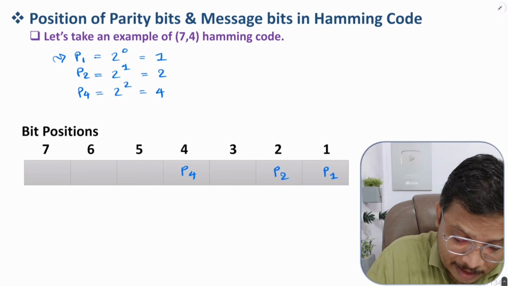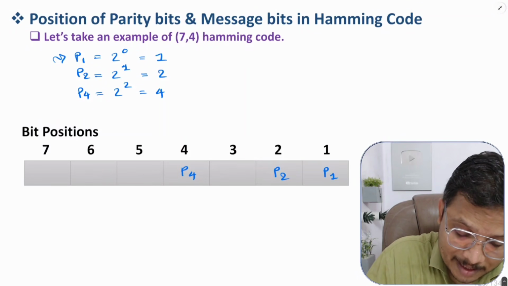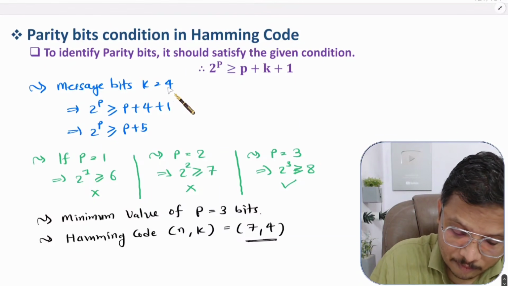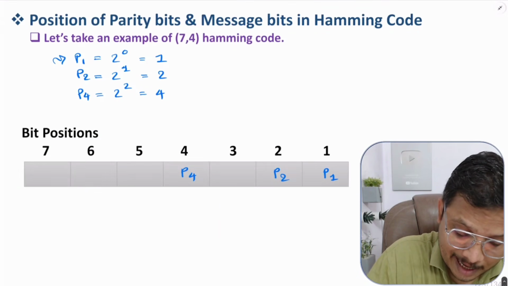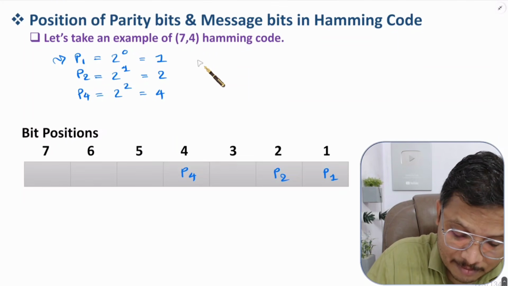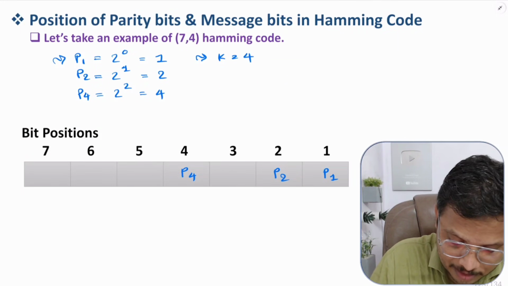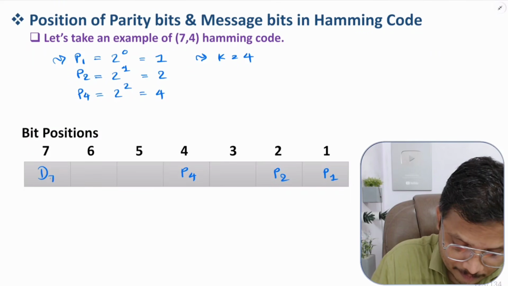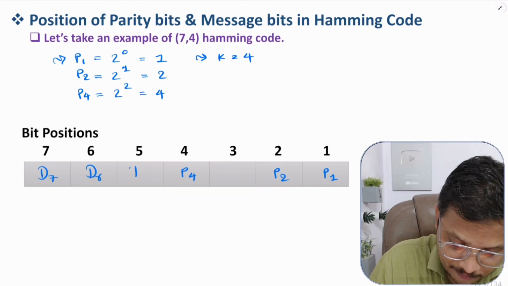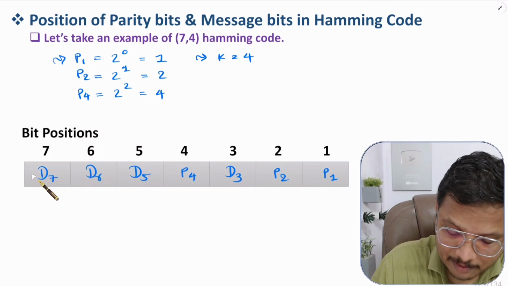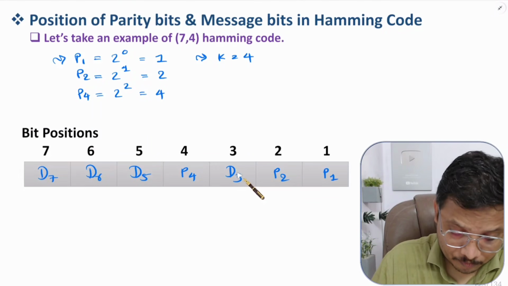Now the message bits. Message bits are k, that is equal to 4, right? So as per the (n, k) code, message bits k equals 4. They will be positioned as D7, D6, D5 and D3. This is how the 4-bit message will be placed over here, right?